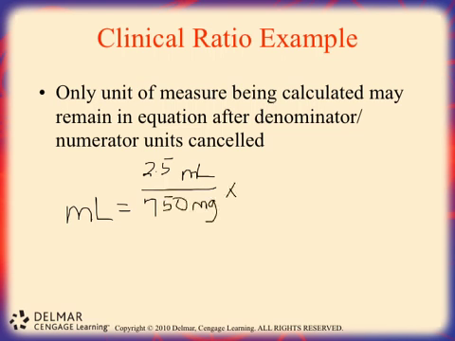So now we know that because we've got milligrams in our denominator, this has to be milligrams, and our next number is going to be what we're trying to administer. So that was 600 milligrams. So we can see here now we're going to end up with milliliters because that's our unit of measure that we're trying to calculate. So look what we can do already. We can start canceling out milligrams because at the end we want to be left with milliliters.